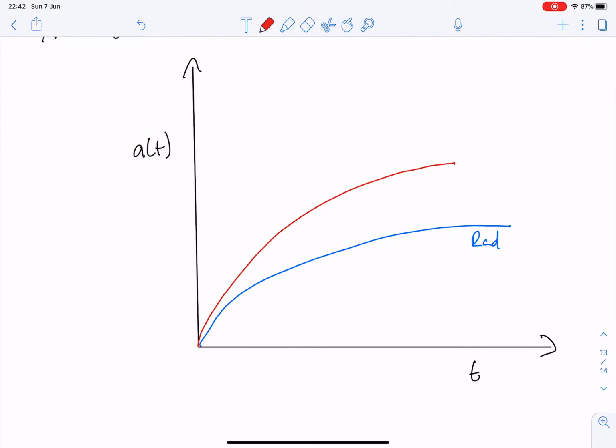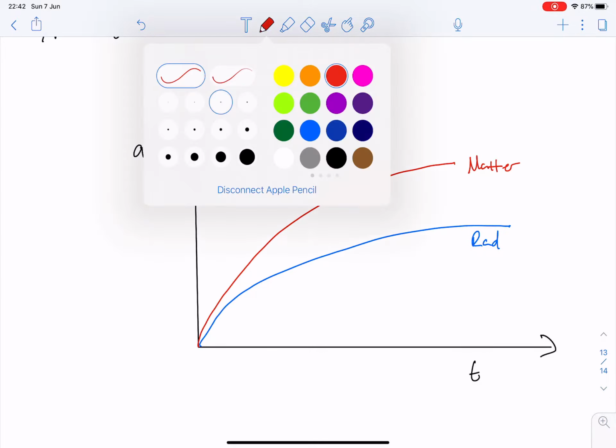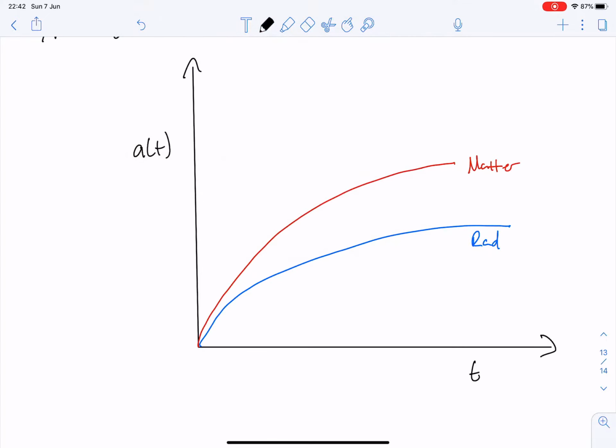Matter will do something similar, but a little bit less steeply. And then lambda is just an exponential growth, and of course it's actually steeper than these. So that's your general sketch of what the scale factor of the universe is going to look like in each of those cases.